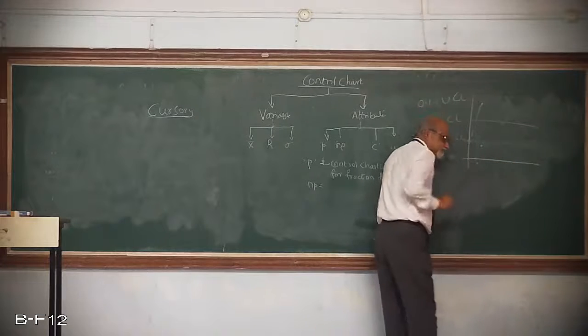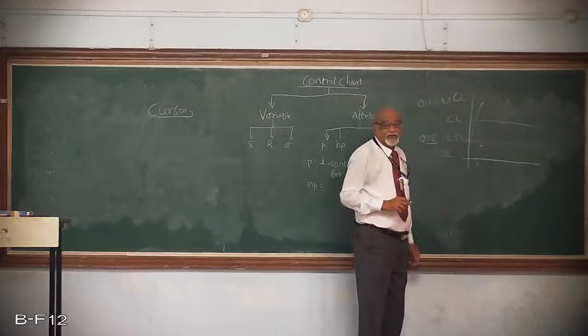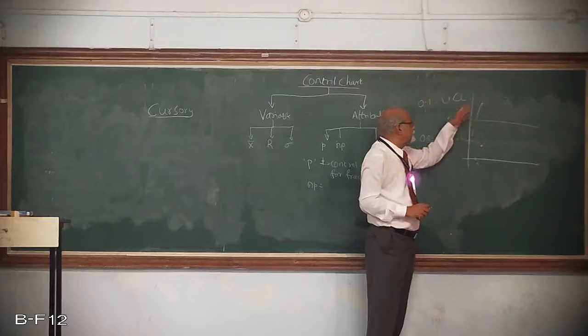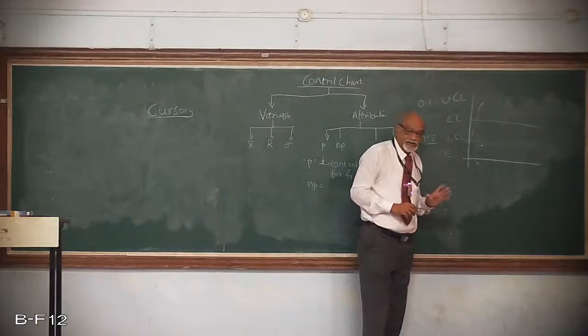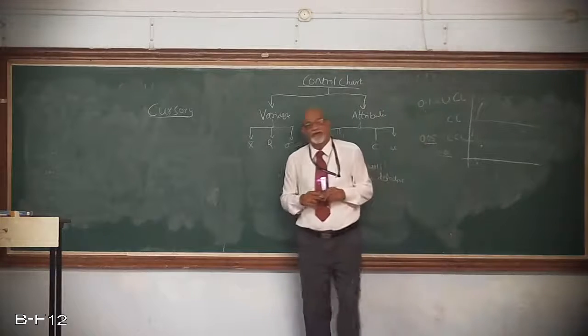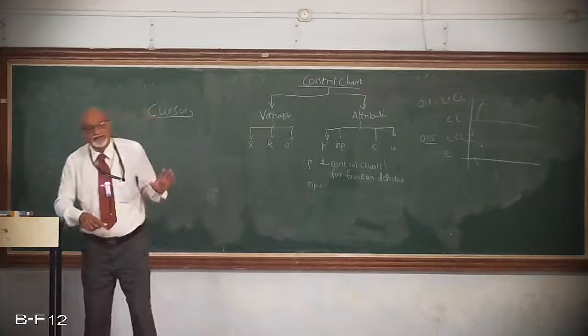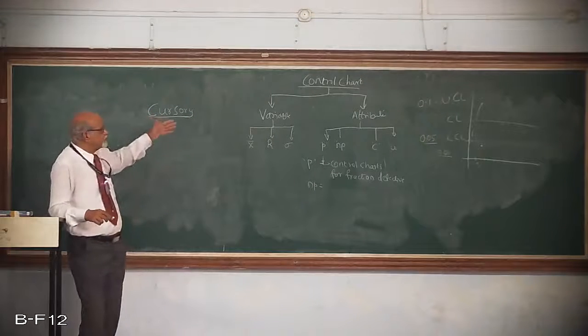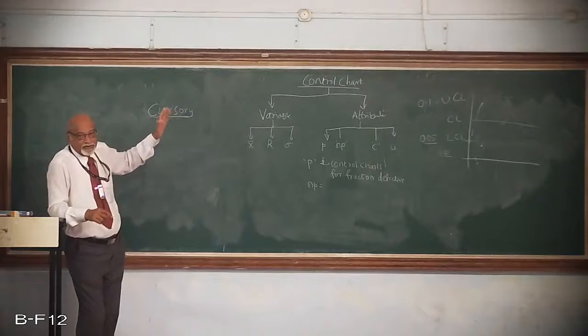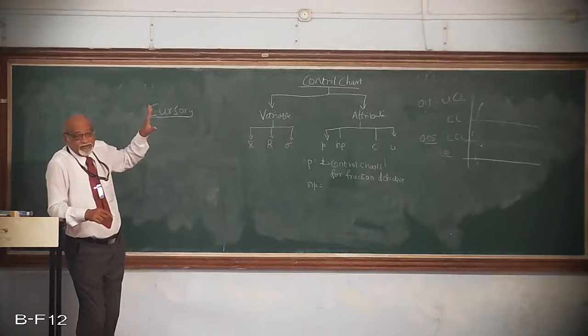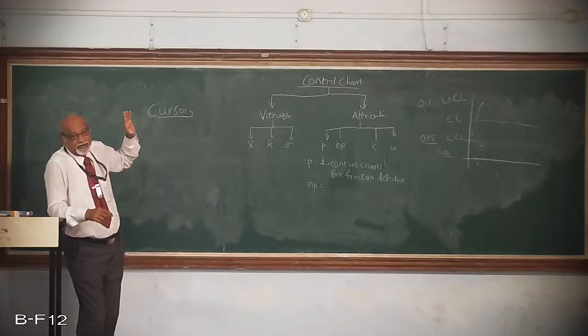The upper and lower control limits were placed on either side of the central line, equidistant on the X bar chart. But on the R chart, it was not so.